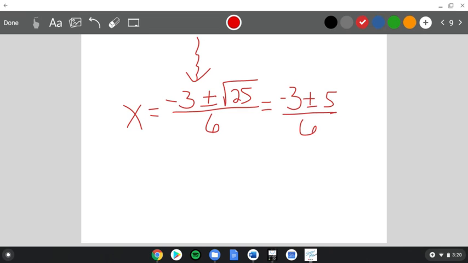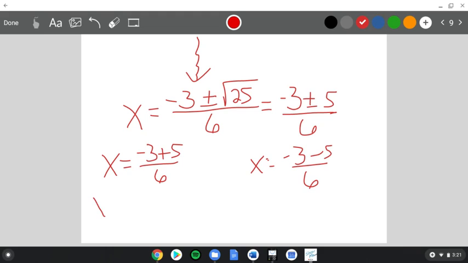So if you end up with a situation like this with a perfect square, and so you take the square root just goes away, you need to go ahead and write it twice, once with the plus and once with the minus. So you would have -3 plus 5 all over 6 and -3 minus 5 all over 6. -3 plus 5 would be 2/6, reduces down to 1/3.